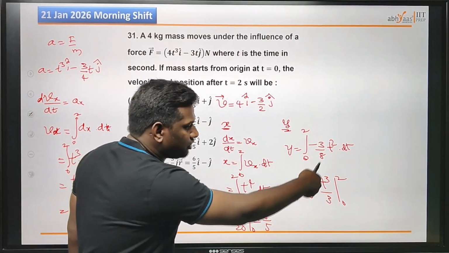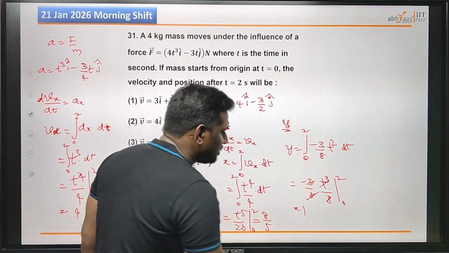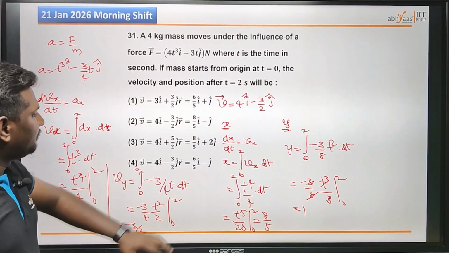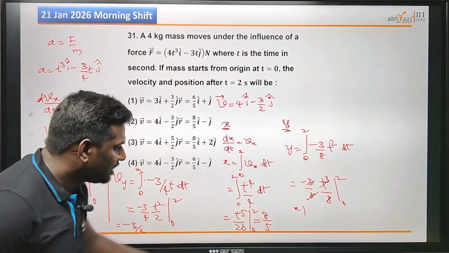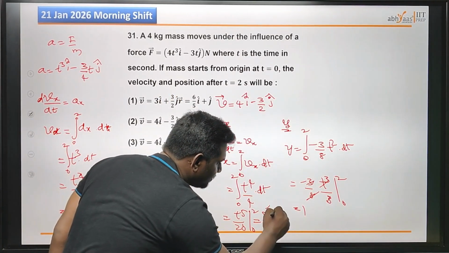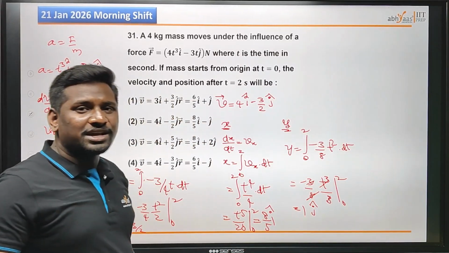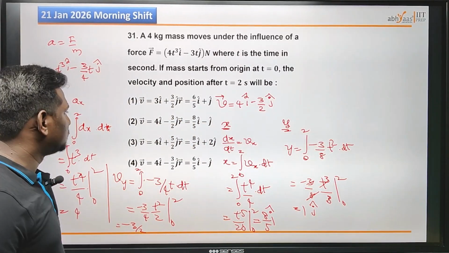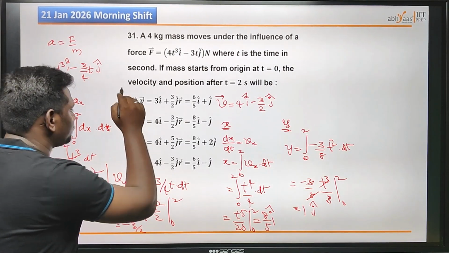T cube is 8, and 3 gets cancelled, so you are remaining with 1. We are getting 8 by 5 i cap and 1 j cap. So the correct answer is option 2.